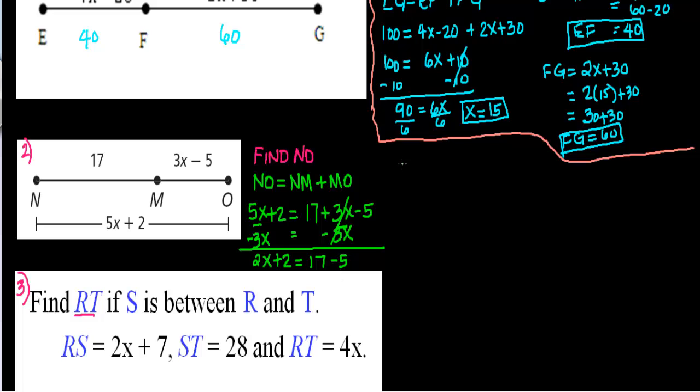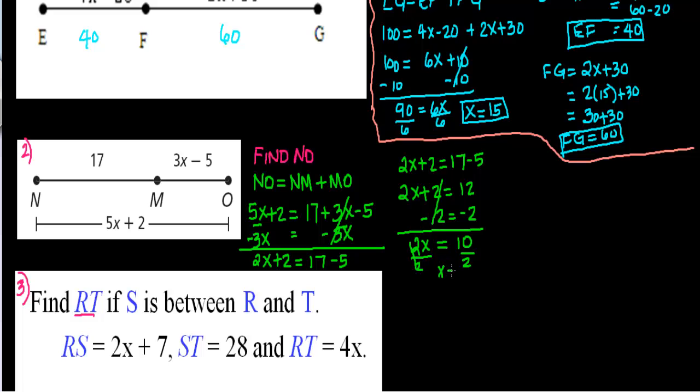So let me continue here. 2x plus 2 is equal to 17 minus 5. I can go ahead and simplify 17 minus 5 and make that a 12. Now I need to isolate the variable term, so I subtract 2 from each side. That cancels the 2 out, and this becomes 2x equals 10. 12 minus 2 is 10, and then I can divide by 2 on both sides. x equals 5.